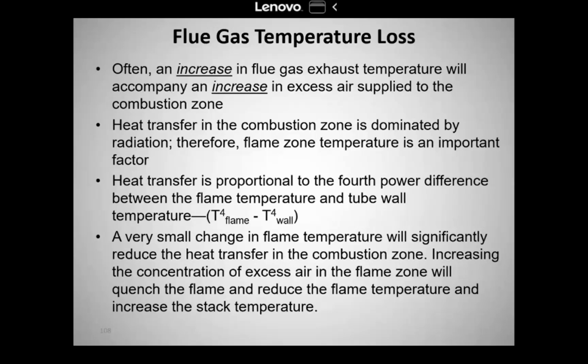I cool down the fireball a little bit, and that really knocks that T to the fourth temperature difference down. I transfer less heat by radiation. The convection can't make up for it, so that energy stays in the gases and goes up the stack. So you see an increase in flue gas temperature.